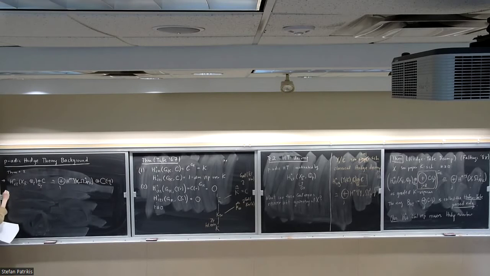And in particular, if we let X equal an abelian variety A and n equal to 1, then we get this decomposition of the étale cohomology of an abelian variety, which is isomorphic to the direct sum of, well, the only things that show up are when q is 0 and when q is 1.